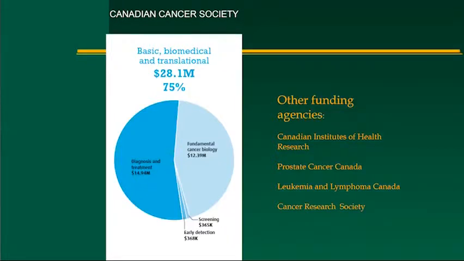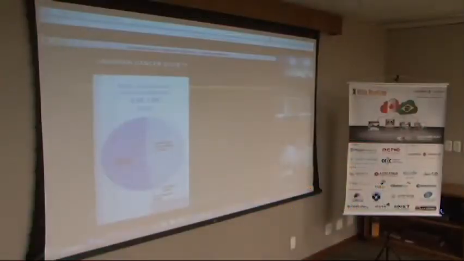So there's a large portion of the basic biochemical and translational funding that goes to new drugs and diagnosis, mechanism of action of new drugs and diagnosis. So in Canada, we pay important attention, as you can see from this pie graph. 75% goes on to treatment from these particular organizations.